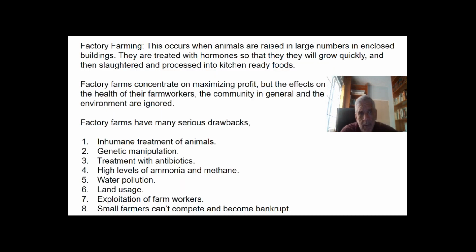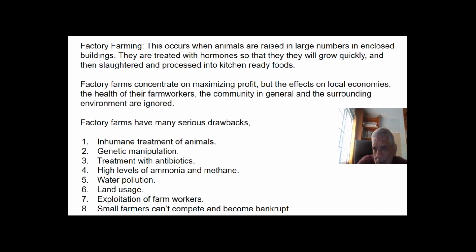Factory farming occurs when animals are raised in large numbers in enclosed buildings, treated with hormones so they will grow quickly, and then slaughtered and processed for ready foods. Factory farms concentrate on maximizing profit, so the effects on the local economies, the health of the farm workers, the community in general, and the surrounding environment are ignored.